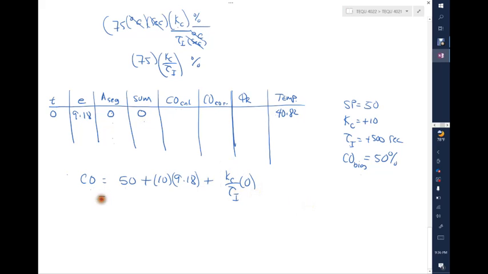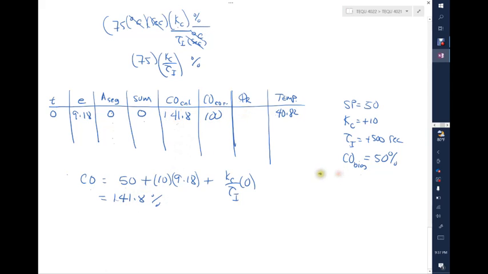So eventually, what I'm doing is, in essence, 50 plus 91.8, so that's 141.8%. So we write that here, 141.8. That number is above 100, so definitely this is 100, meaning that QR will go to the maximum.